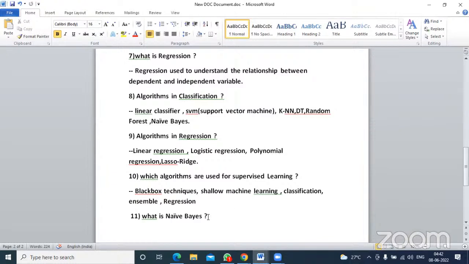Yes, what is naive Bayes? At least tell me in which algorithm it comes, classification or regression. In which model does naive Bayes come?